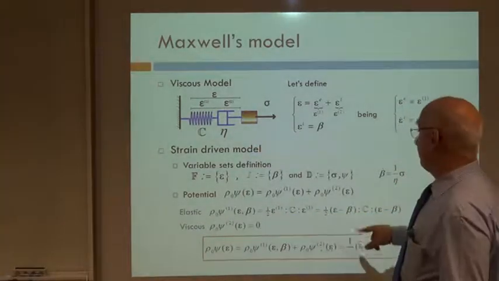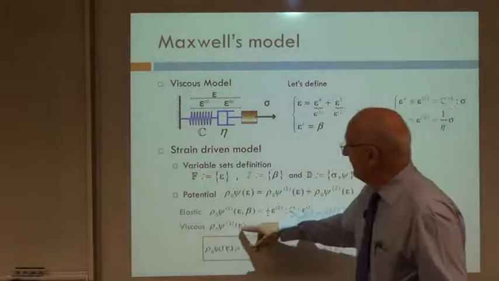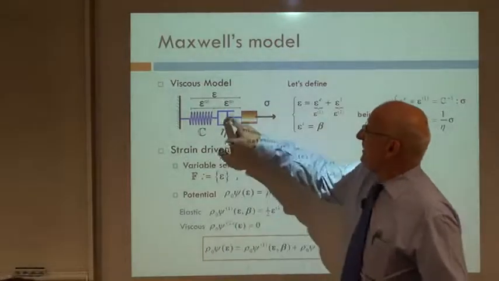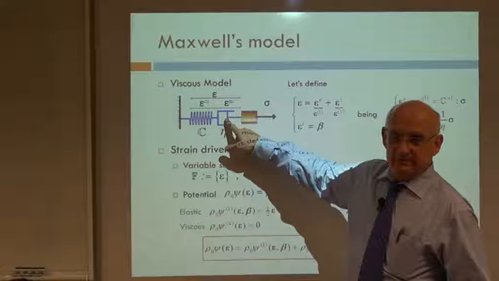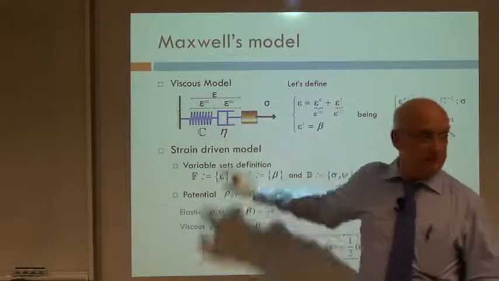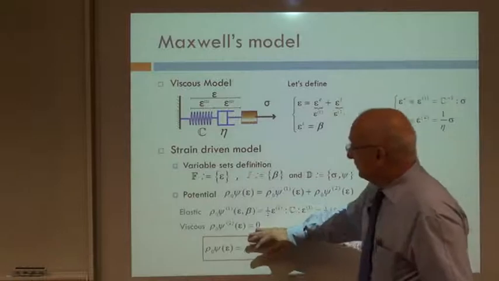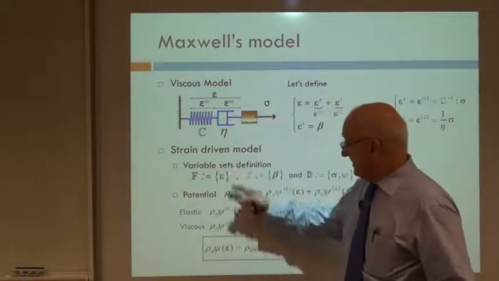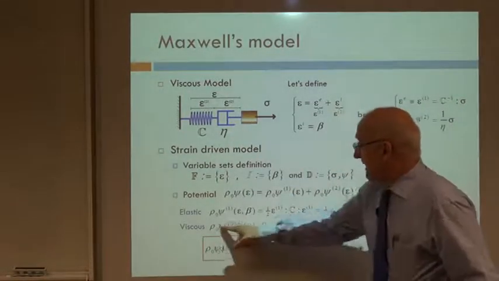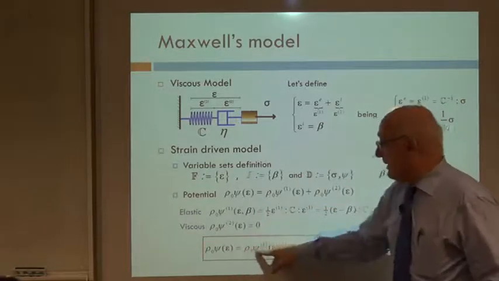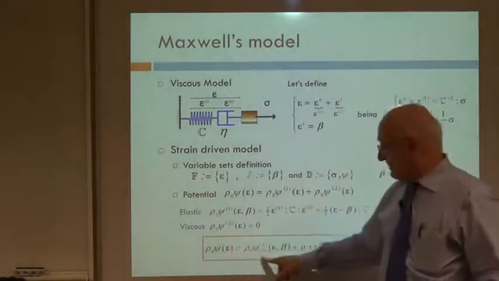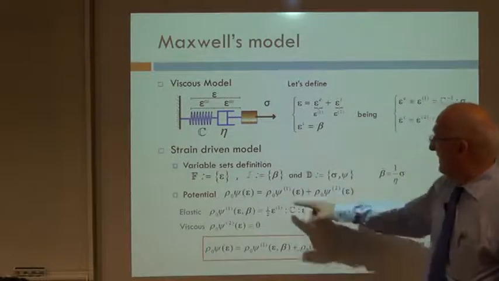What is the free energy of a dashpot? Remember? Zero. Why not? Well, zero. It's zero, inspired by what I saw before. So the total free energy would be the sum, that plus that. Okay? So I postulate a free energy, which is that plus that.